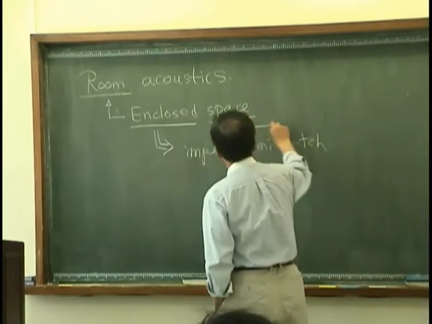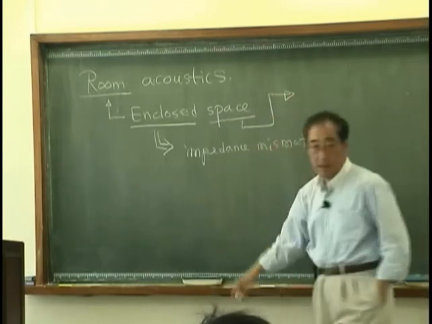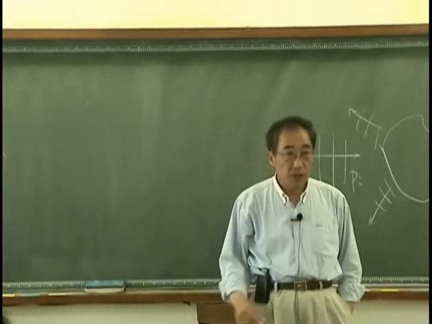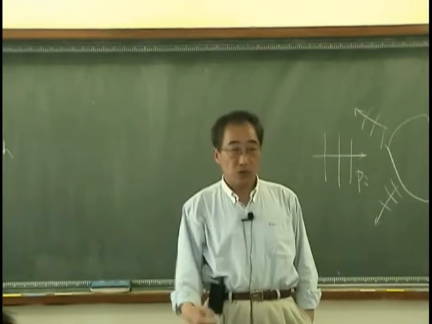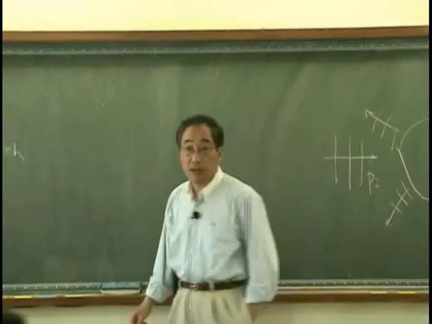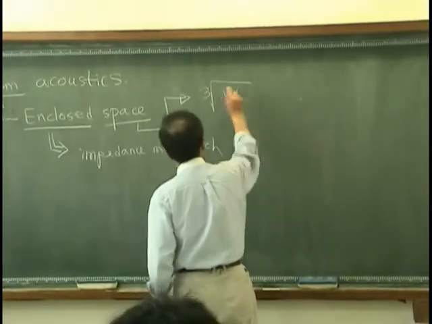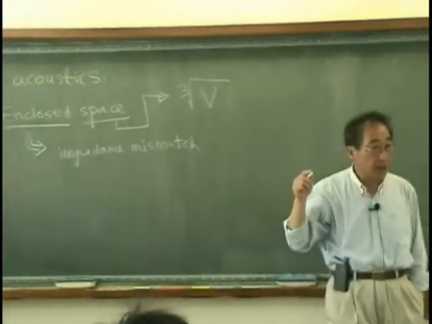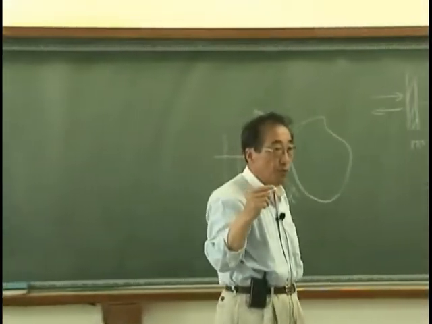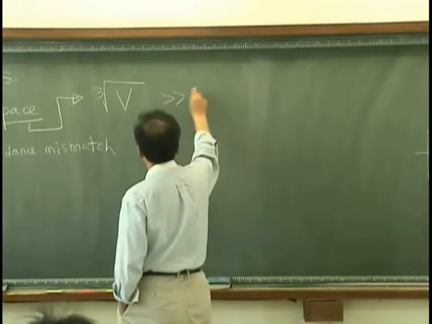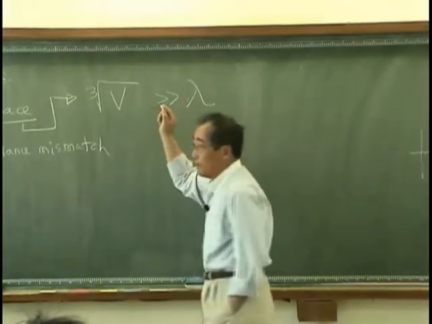What does it mean by space? Is this space a very large space or small space compared with wavelengths of interest? In this case, we see that the typical length of the room is very large compared with the wavelengths of interest.